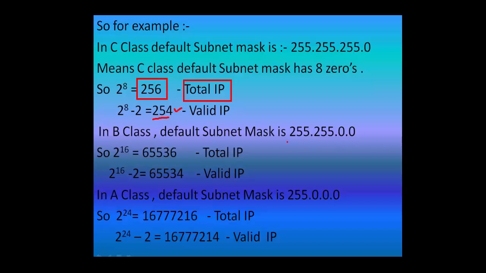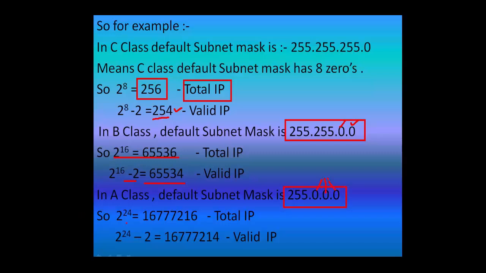In B class, it's 255.255.0.0, means 8-bit, 8-bit. So 2 raised to power 16. Total IP 65,536. And -2 again same here, 65,534 devices we can connect in a B class. And in A class, subnet mask is 255.0.0.0, means 8, 8, 8, 24 bit.